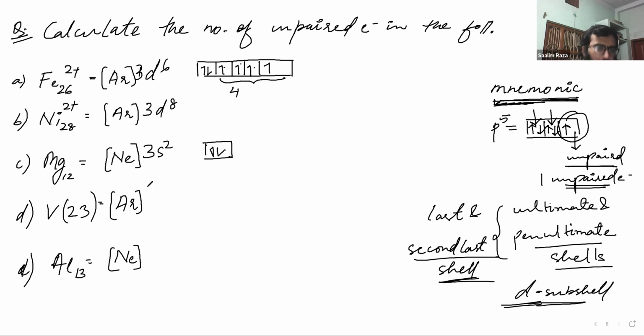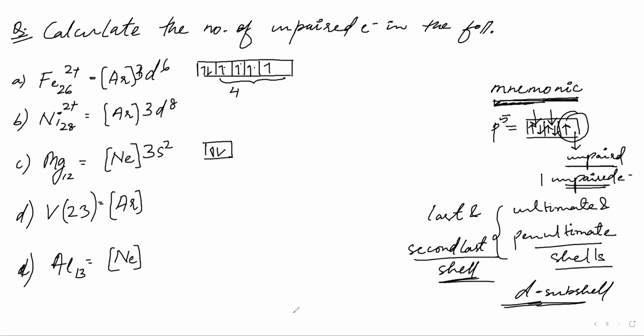Now, vanadium. For this we will have just 3 electrons filled. So 3 unpaired. The s is filled, right? We will have 4s2 and 3d3.